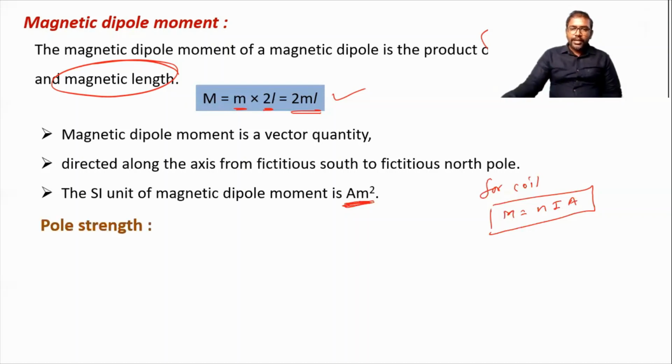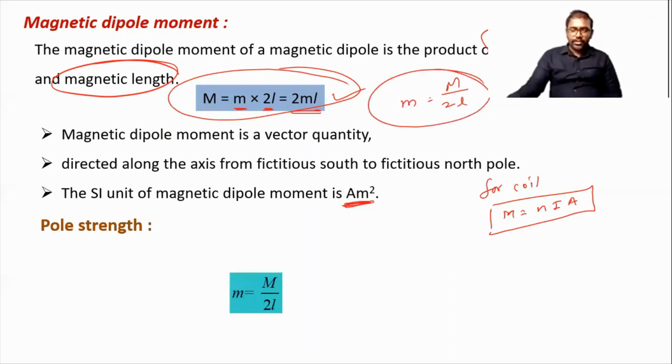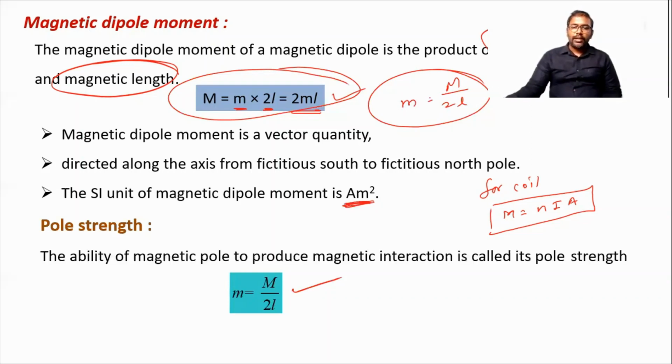Similarly, we can define pole strength by using the same formula. Using capital M equals 2ml, small m is equal to capital M upon 2l. So by using that also you can define pole strength. Capital M is the magnetic dipole moment, and 2l is the magnetic length. The ratio of these two is the pole strength.